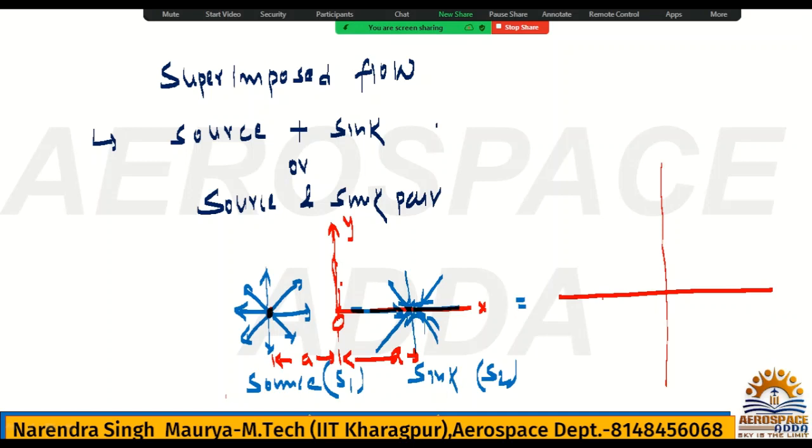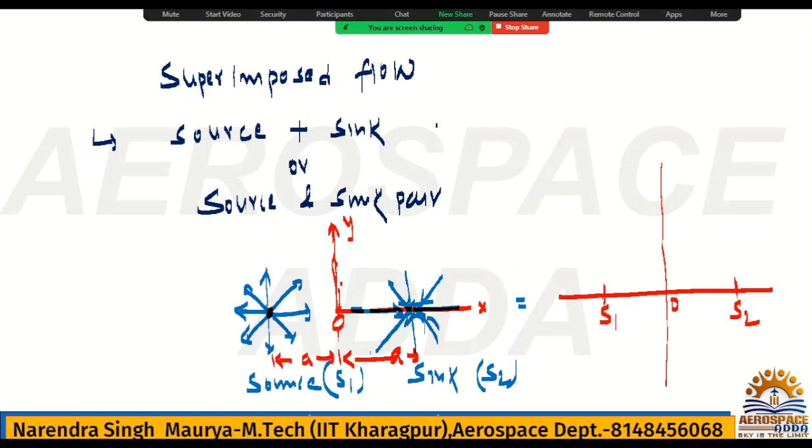It's very simple, nothing to worry about, because I'm just going to show only the flow pattern. So guys, check. Now I can say this is the source and this is the sink. This is the origin. I must say this is S2, this is S1.